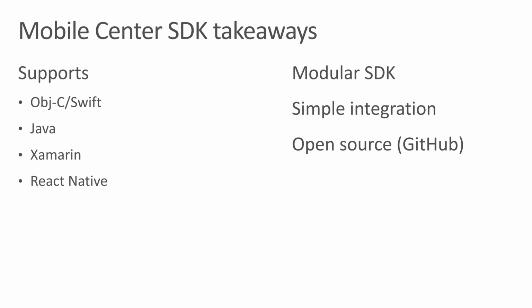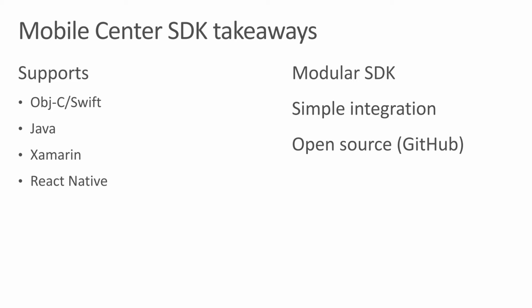Now, to wrap this up, let's look at the main takeaways for Mobile Center SDK. We have SDKs available in a wide variety of platforms. If your application is in iOS, either in Objective-C or Swift, in Android, in Xamarin or React Native, just go and easily integrate our SDKs.